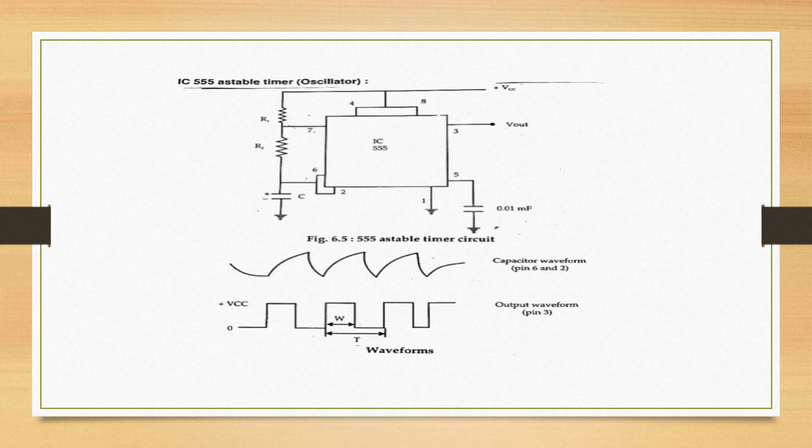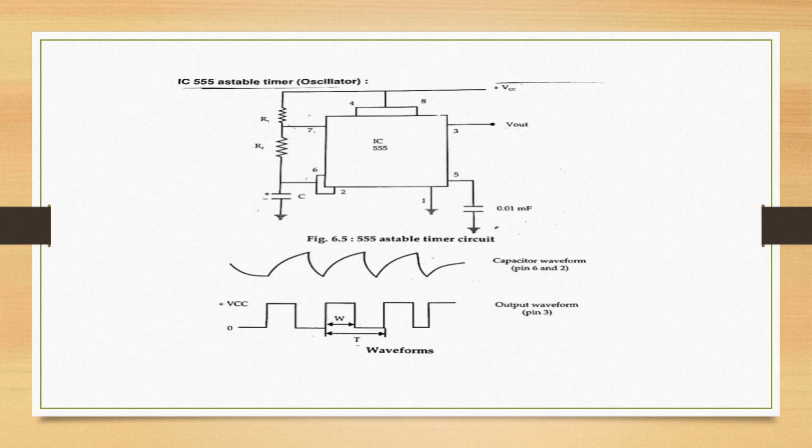Astable timer. This is the circuit diagram of IC 555 in astable mode. Here also you can observe that pin number 4 and pin number 8 are shorted together and applied to plus VCC. Now here the change is pin number 6 and pin number 2, that is trigger pulse. These two are shorted together and connected to a network which consists of 2 resistors and 1 capacitor.